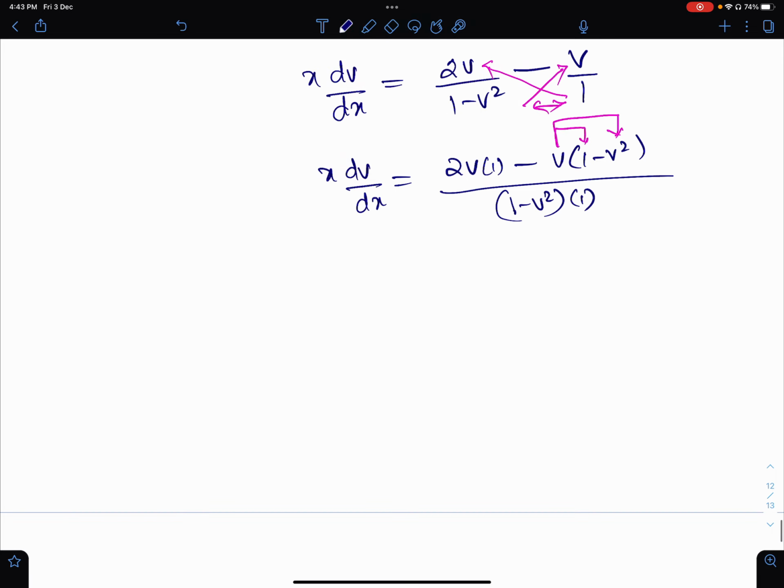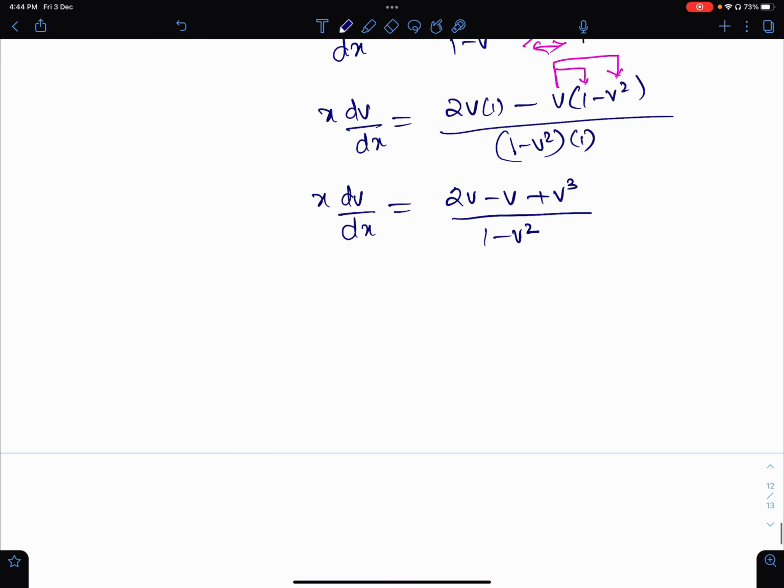So what do you get now? You will get x dv by dx equal to 2v minus v plus v power 3 divided by 1 minus v square. So here in the numerator we can cancel 1v. So x dv by dx is equal to v plus v power 3 divided by 1 minus v square.